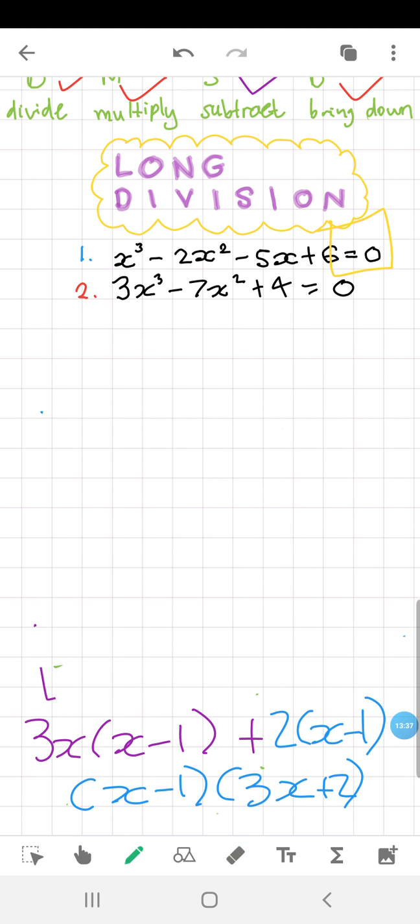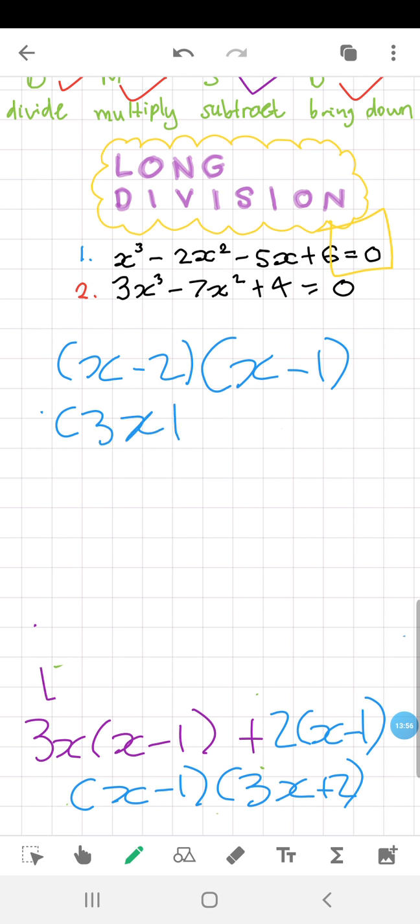But we can't forget about, what was it? I think it was x minus 2. I'm so sure it was x minus 2. Yeah, I just double checked and it was x minus 2. X minus 1, 3x plus 2 is equal to 0.